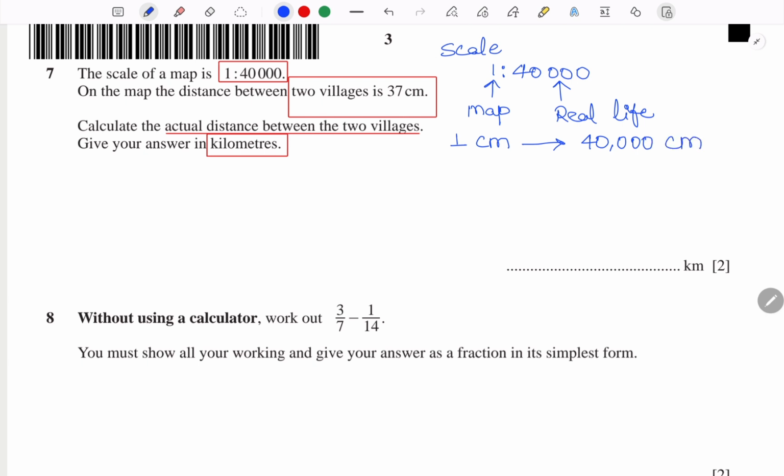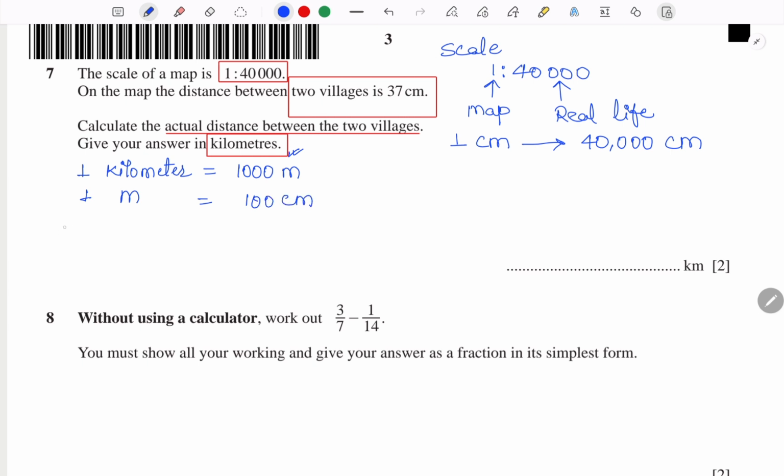Now, since we have to convert our answer into kilometers, let me do that right now. I know that 1 kilometer is equal to 1,000 meters, and 1 meter is equal to 100 centimeters.